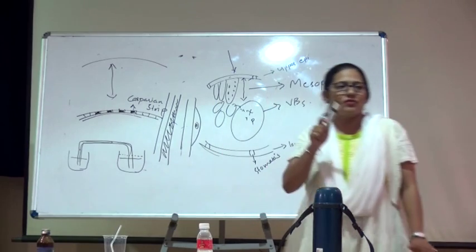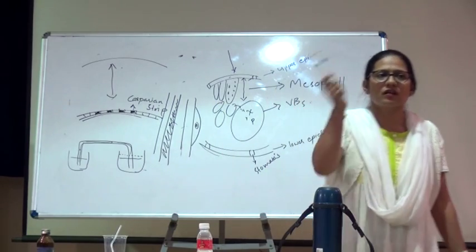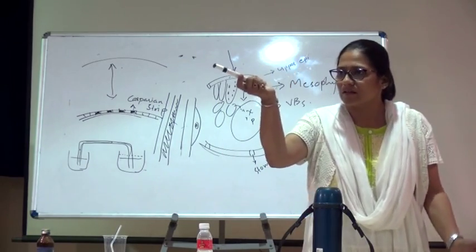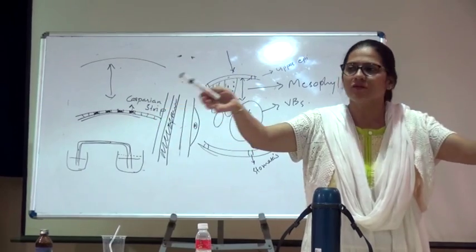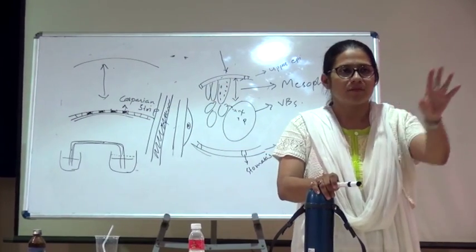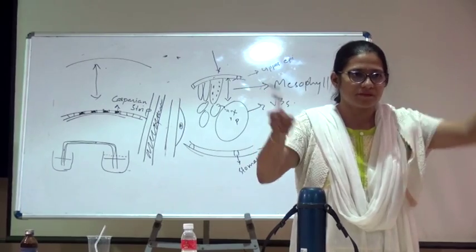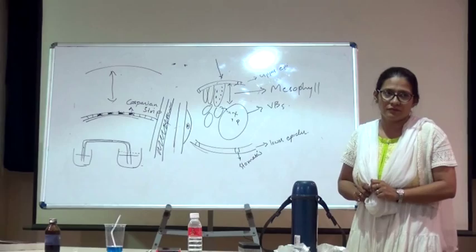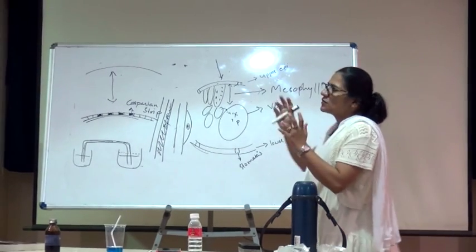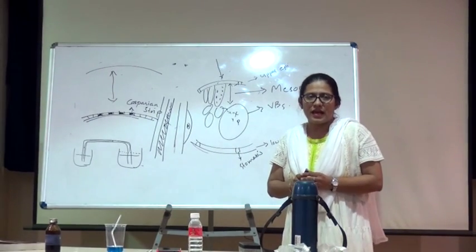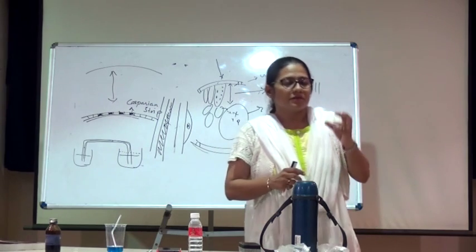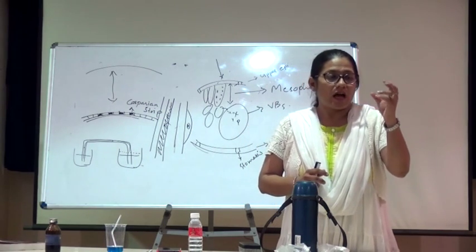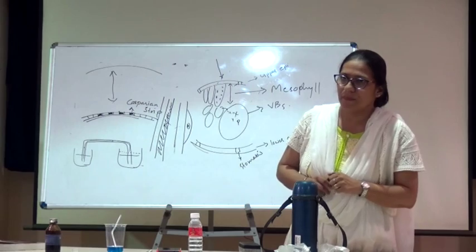But now the question arises: we have talked about the pressure gradient. Is it sufficient? Why do you need more? Passive is quite good enough? No. What will happen here sometimes is that one experiment was done.